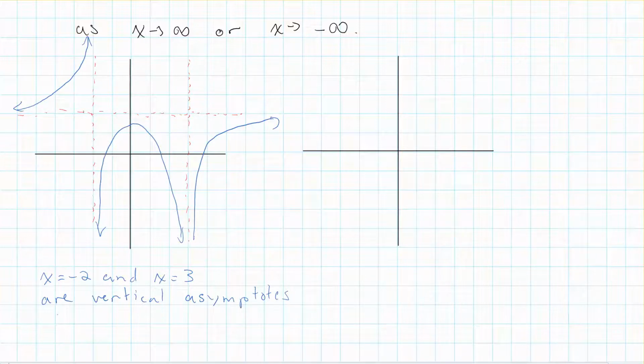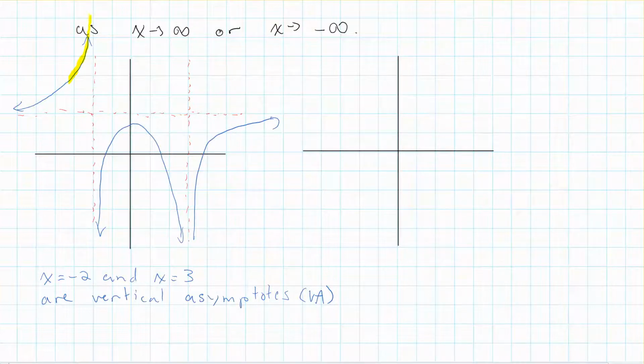I'll often abbreviate that as just VA for vertical asymptote, and you're welcome to do that abbreviation as well. Now, I just want to emphasize why that's the case. If we go back to the definition here, clearly this is x equals -2 right here, and it says from the left or right hand side. So from the left hand side, I'm going up, this is going to keep going up to positive infinity.